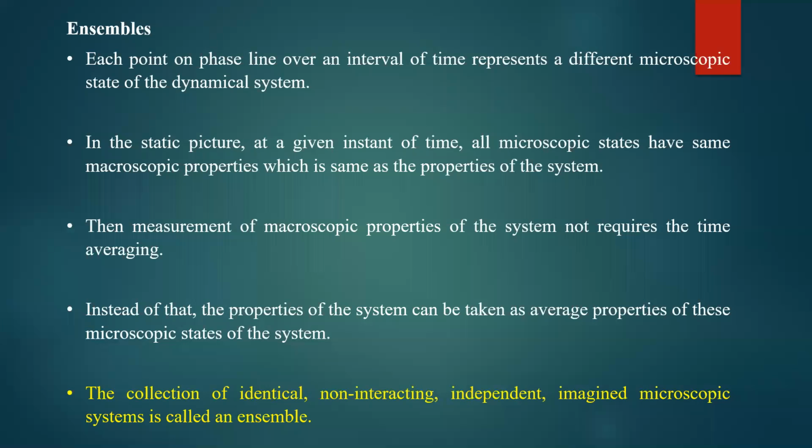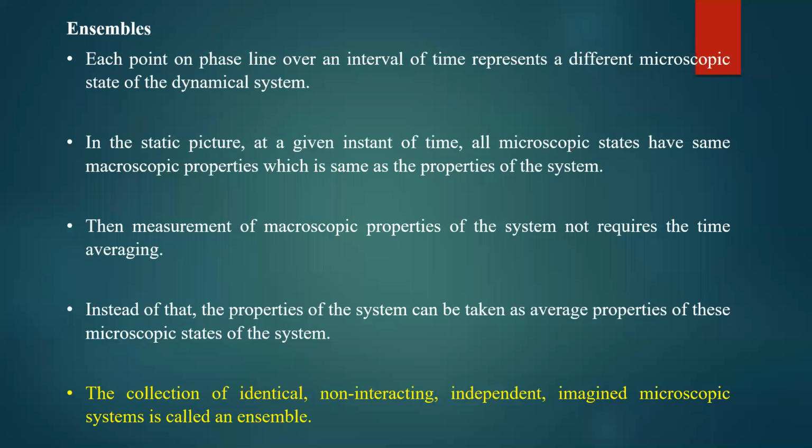Then, measurement of macroscopic properties of the system does not require time averaging. In the static picture, when the system is in equilibrium, the macroscopic properties need not be time averaged, because all states will have the same property.